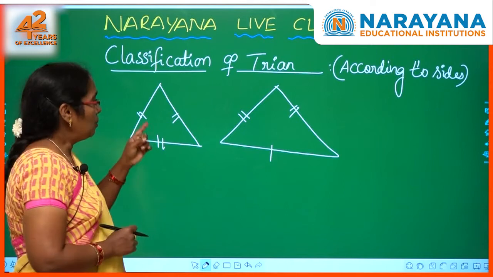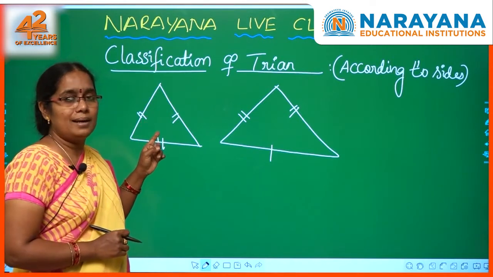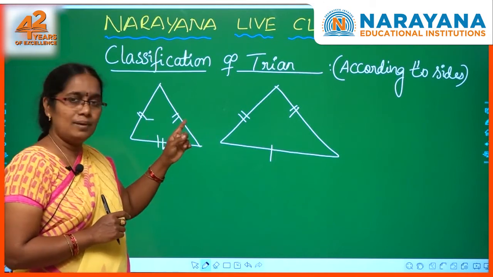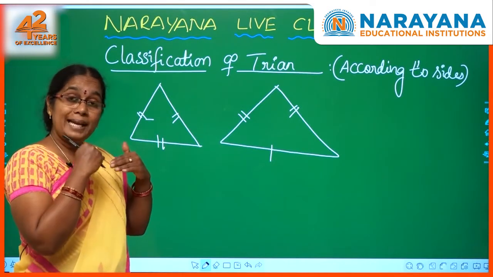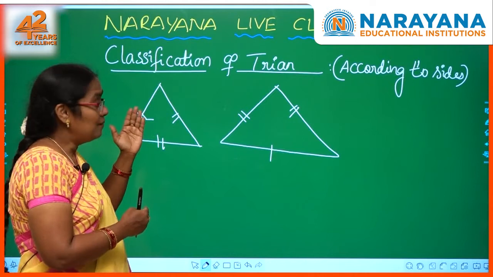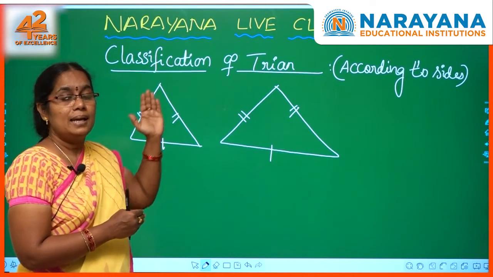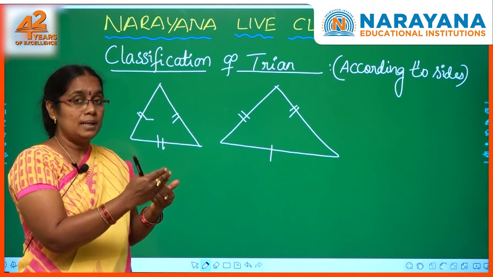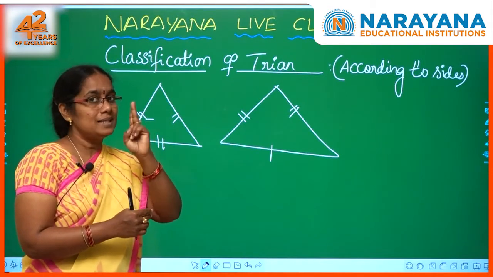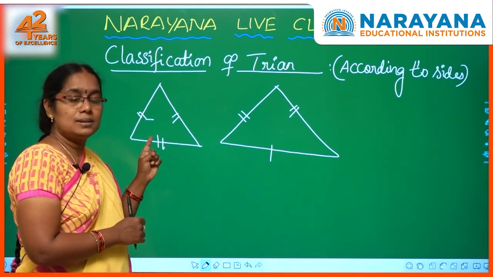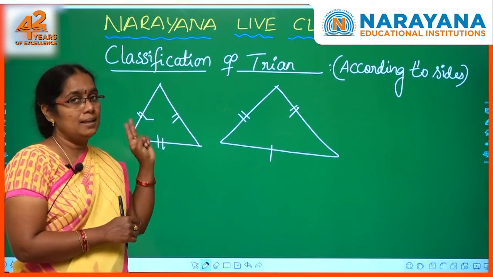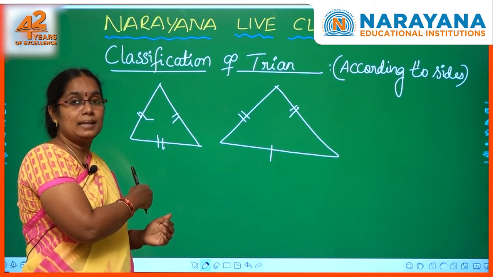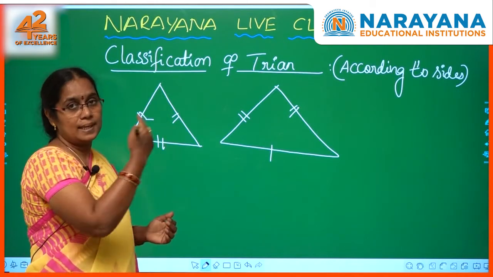Now when you check the equilateral triangle, are two sides equal or not? These two sides are equal. So we can call it that every equilateral triangle is an isosceles triangle, because the isosceles triangle property is two sides must be equal, and in an equilateral triangle also we have two sides equal. Therefore we can say that every equilateral triangle is an isosceles triangle.